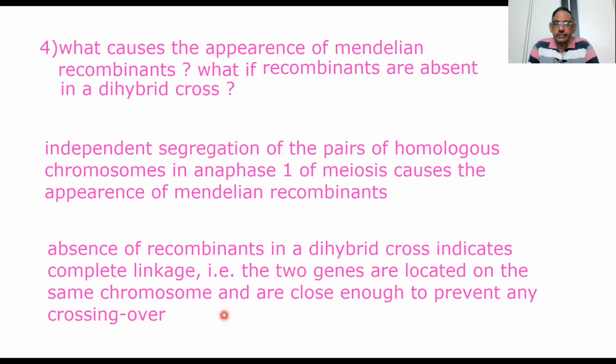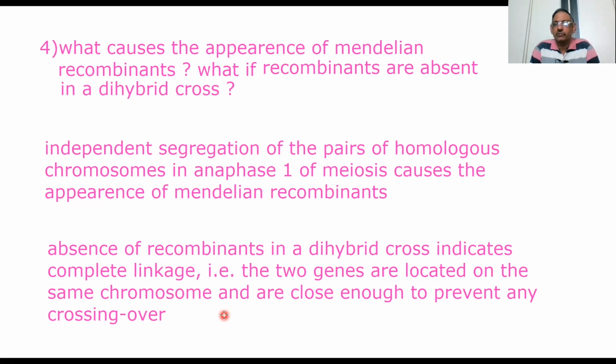If the two genes under focus in a dihybrid cross are located on the same chromosome and placed very close to each other such that crossing over is not possible, then you get only parental types.